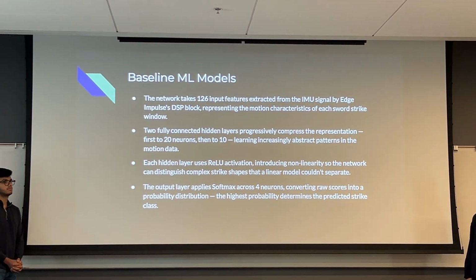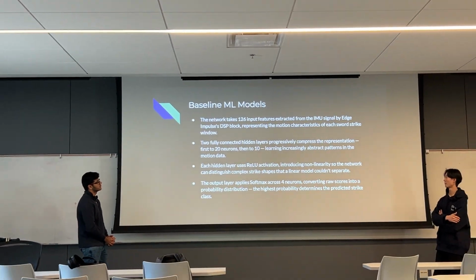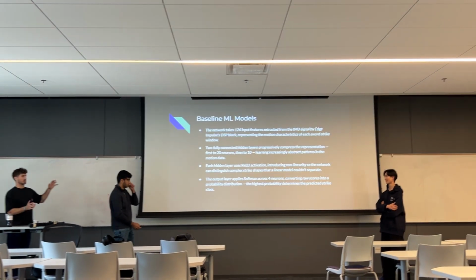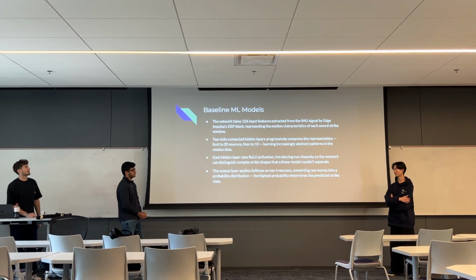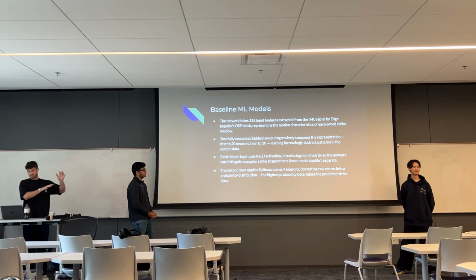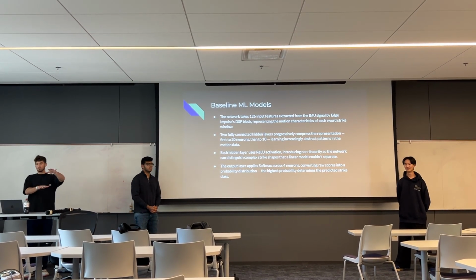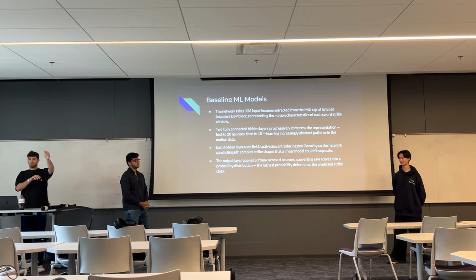So our machine learning model takes 126 input features that are extracted from the IMU, and Edge Impulse created these features automatically using the generate features function. We have the 126 input features connected to 2 fully connected layers, the first one having 20 neurons and then 10 neurons.